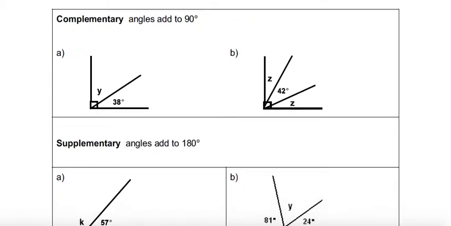Again, this is going to be very handy for you to refer to as you progress through this unit. The first angle that you're going to need to take a look at is complementary angles. These are angles that add up to 90 degrees. And you'll notice within these examples, I show the right angle.